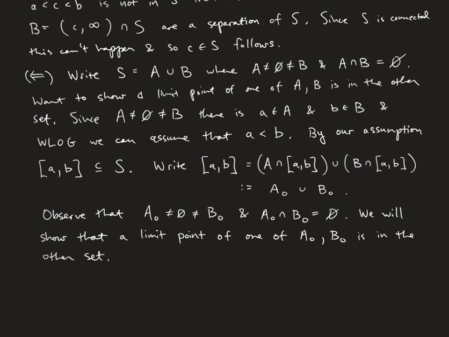So what we'll do to produce this limit point is we'll just look at the supremum of A naught. Okay, so clearly, A naught is a non-empty set, and it's contained in this bounded interval here from A to B, and so we have a supremum.